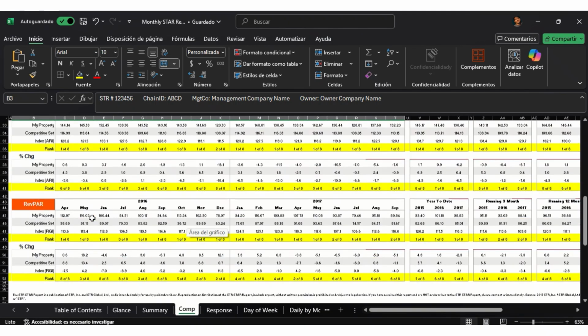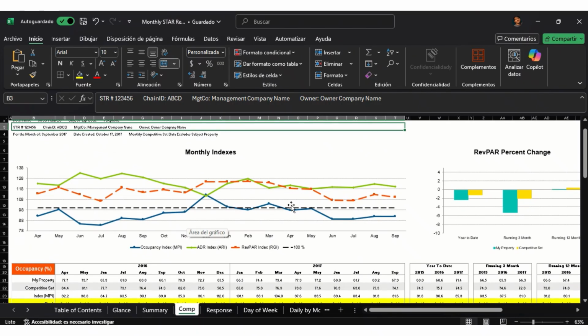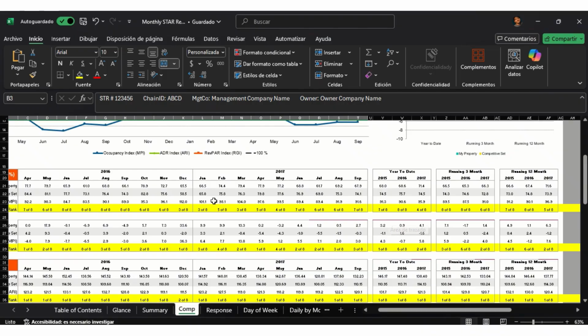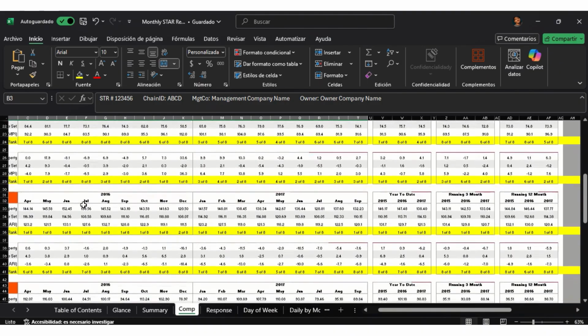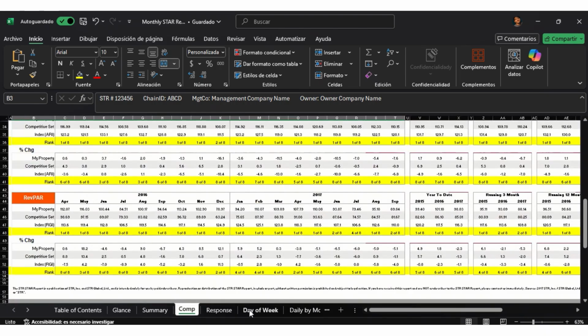This one is a really important one because it shows us the more important concepts, like the fluency and the percentage. For example, here RevPAR percentage is really important, for year to date, running 3 months and running 12 months. We also compare year to year, so this part is really important.